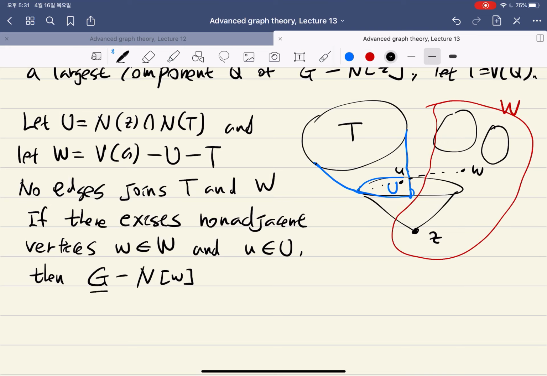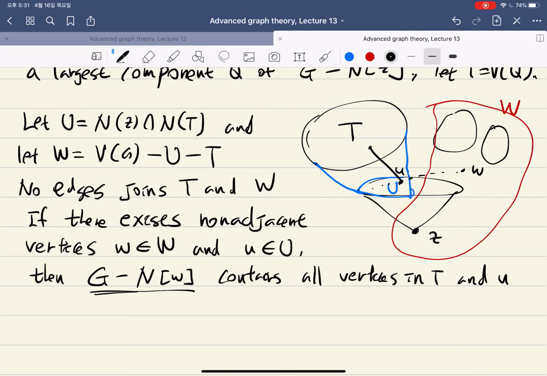In that case, if we delete all the neighbors of G, then it contains all the vertices in T, and then U is also there. And U has a neighbor in T, and T forms a connected one.